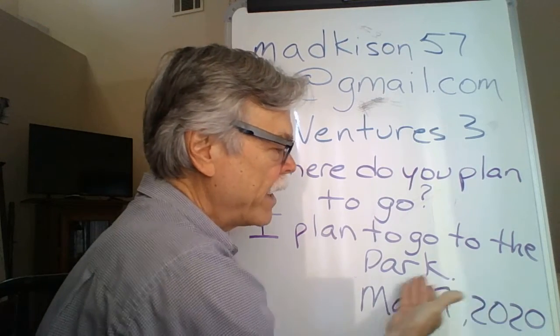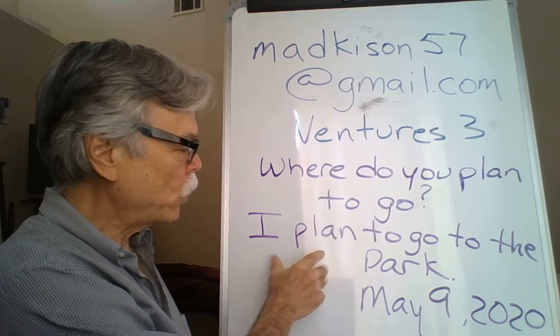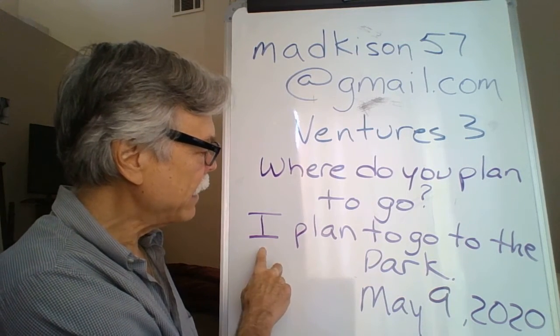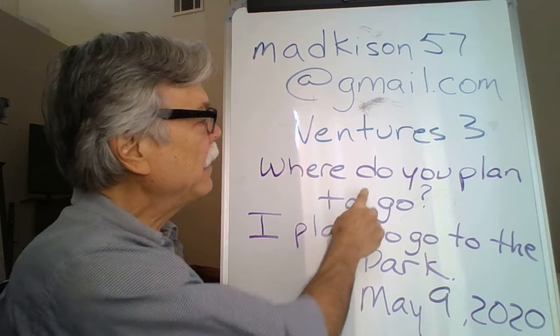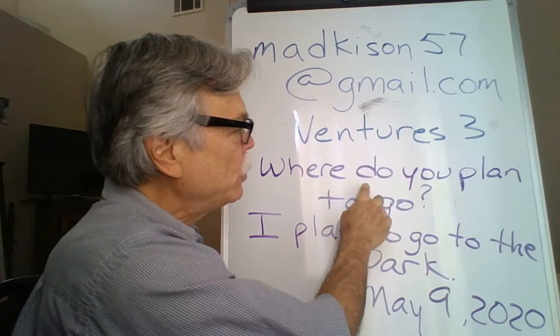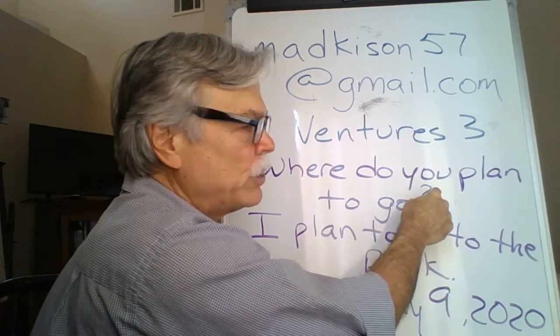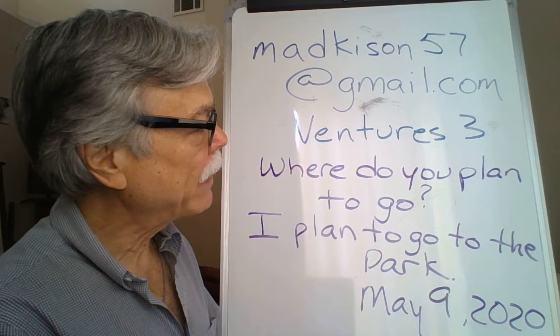And this is where? To the park. So the subject and the main verb agree. I matches with plan. And in the question, it's the same way. Do you plan? You plan. The subject of this question is you, and the verb is plan.